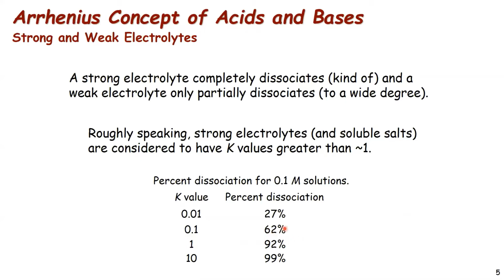If it's less than that, we call it a weak electrolyte, right? If it's 10 to the negative 2, only 27%. But we're going to deal with things that are 10 to the negative 33, which means that very, very little of it actually dissociated. So again, roughly speaking, when a K value is greater than 1, we generally say that it's a strong electrolyte.